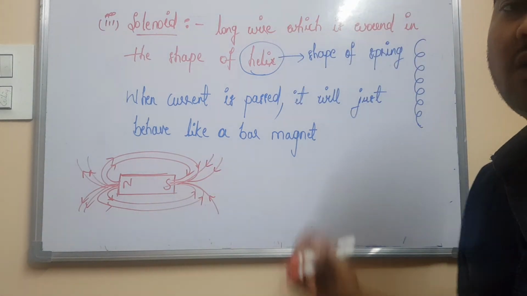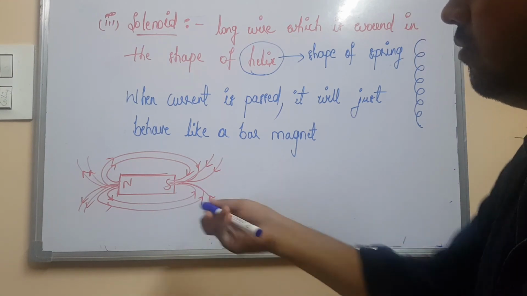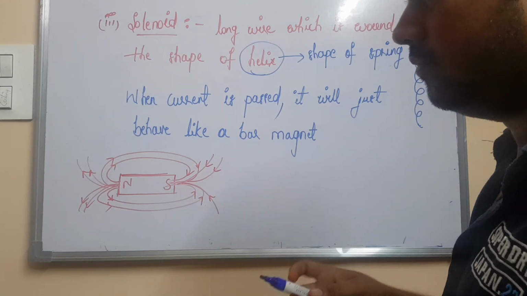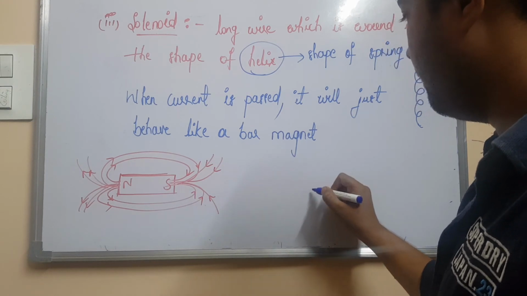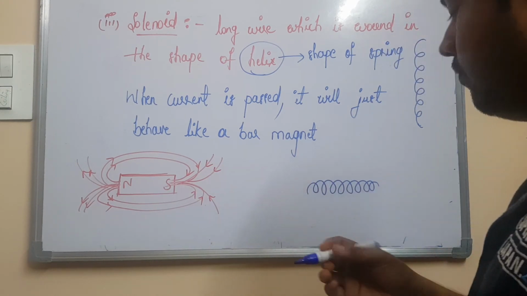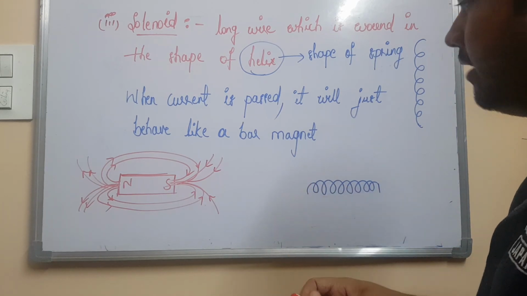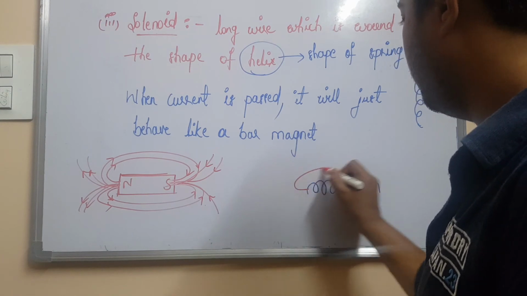In the same way, solenoid will behave. For solenoid also, magnetic field lines will be same as that of a bar magnet.